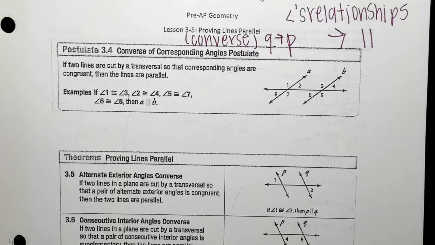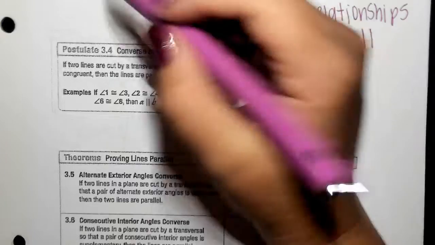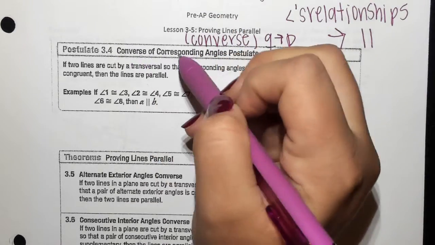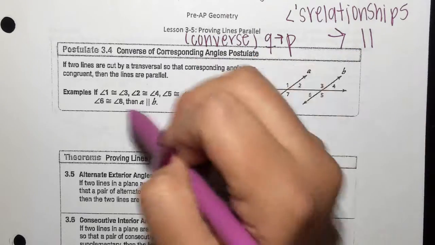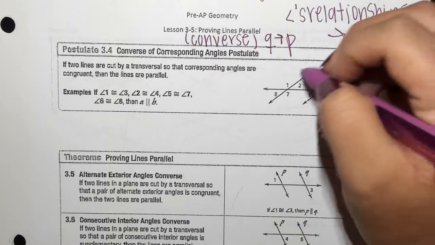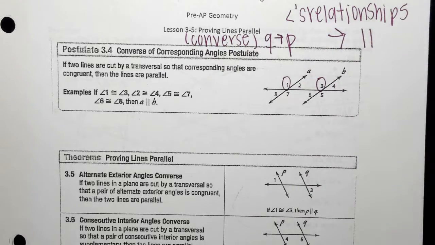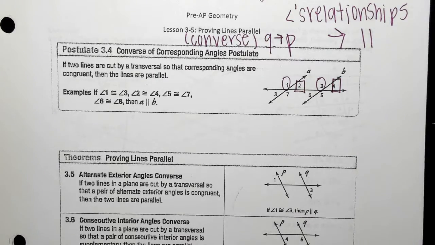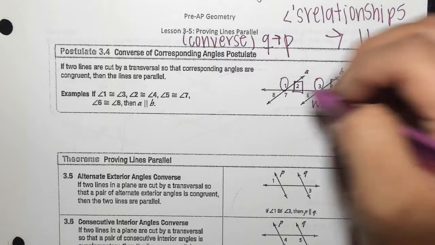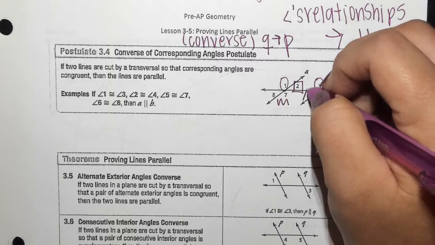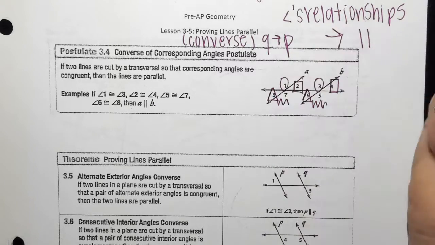Alright, so we have a couple of fancy theorem names. However, I'm not going to always make you write these fancy names. Okay? Because converse of corresponding angles postulate, that's just a lot to write. So all this is saying is that if 1 is congruent to 3, or 2 is congruent to 4, or 5 is congruent to 7, or, I'm going to use a triangle, 6 is congruent to 8.